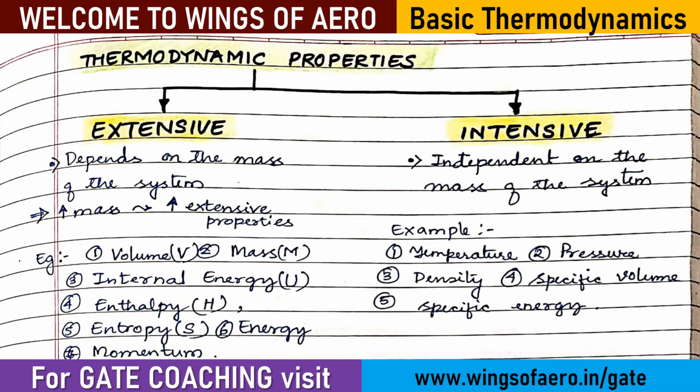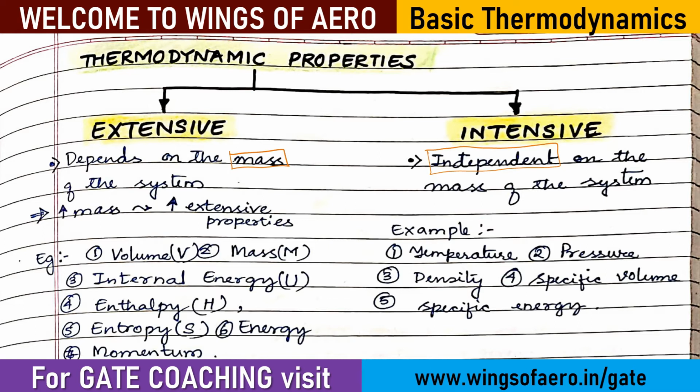The mass is a very, very important parameter, so that defines the thermodynamic property. If it is dependent on mass, then we call it an extensive property. If it is independent, we call it an intensive property. So this is an important thing. When mass is a dependent one, we call it an extensive property. When independent, we call it an intensive property.